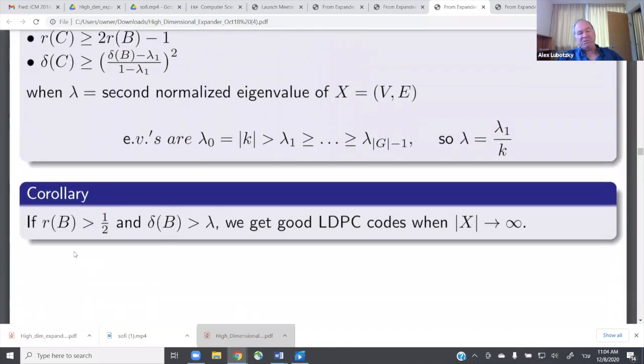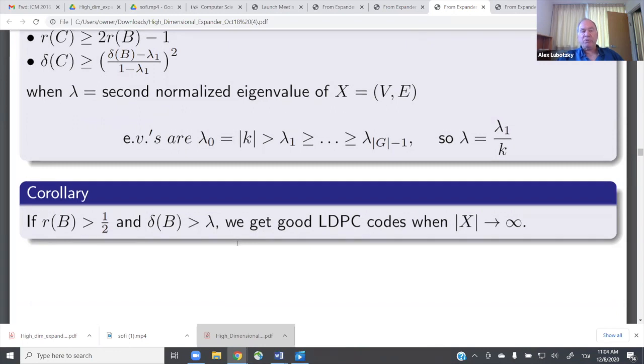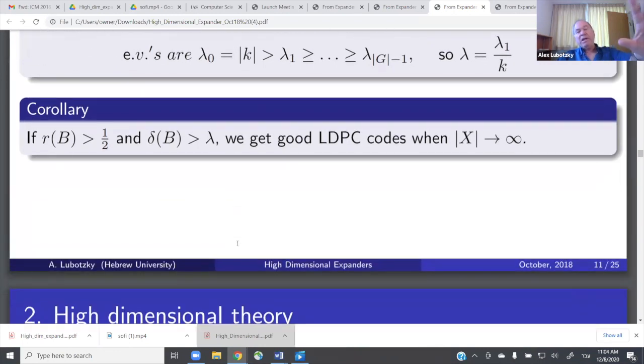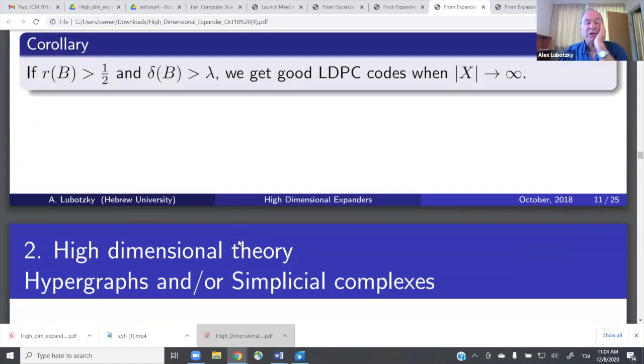And here is the explicit corollary. If the rate of the code is more than half and delta of B is more than lambda, we get an LDPC code, etc. We'll get back to that at the very end of the talk, and it will be relevant for us for other things.